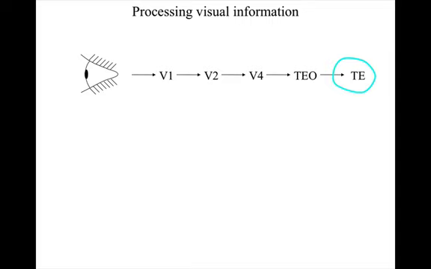And it's found that damage to area TE results in severe deficits in learning tasks that need visual recognition of objects. And neurons in TE are activated in complex situations that combine orientation, size, color, and texture information about visual objects.